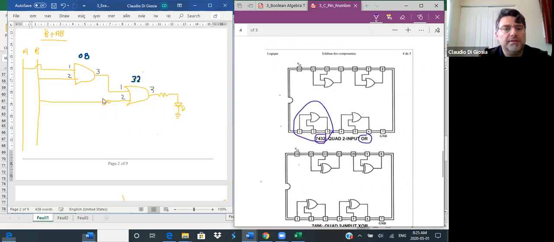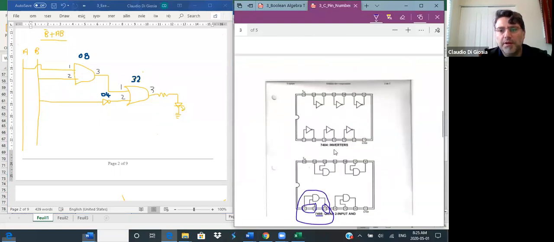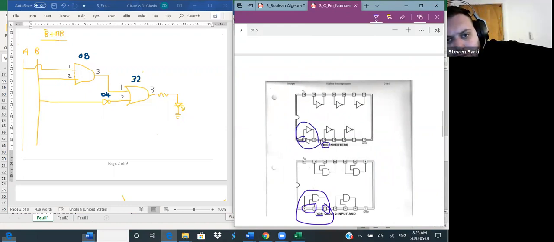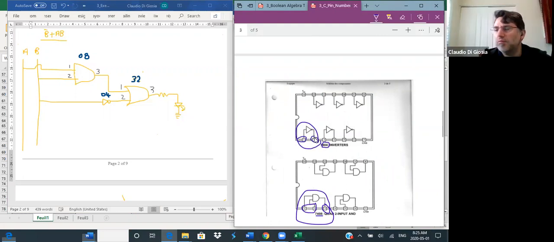I have a third gate. The third gate is a 04, which is an inverter. The inverter is right here, 04, where the input is 1 and the output is 2.